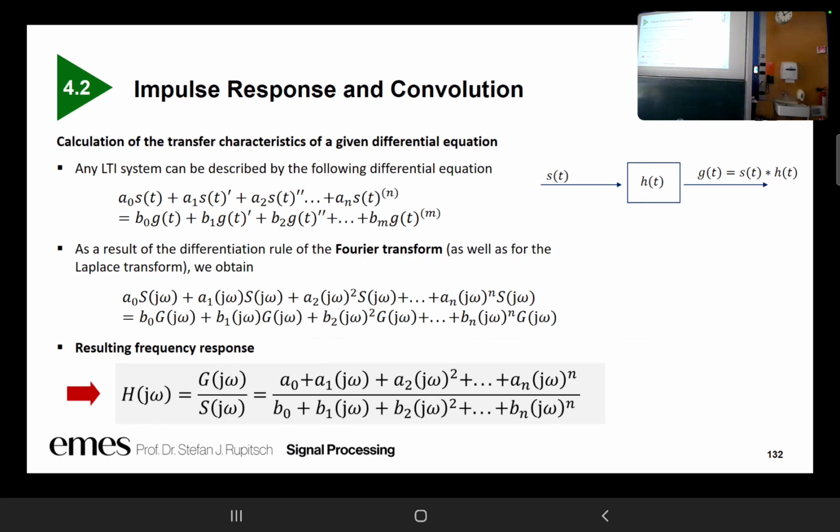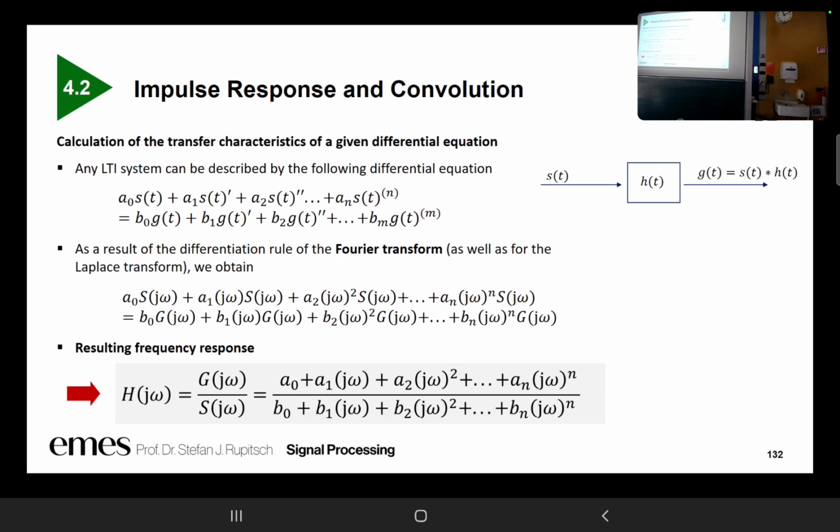The lowercase s gets converted to an uppercase S in the frequency domain, and the time derivative results in j omega, and for second order, j omega squared. Then we can write it down from this differential equation.